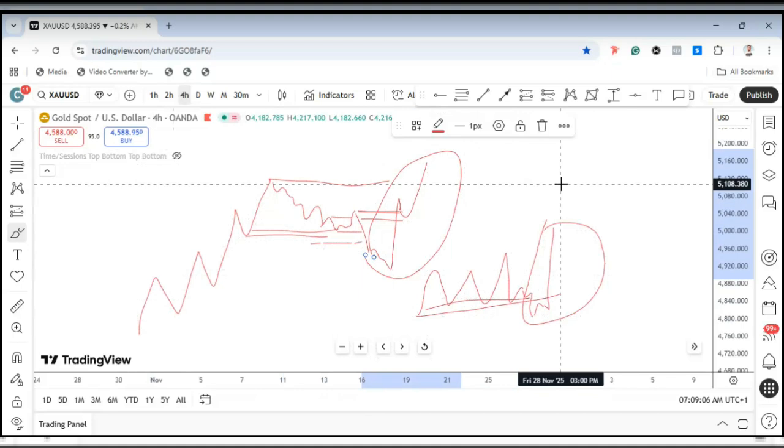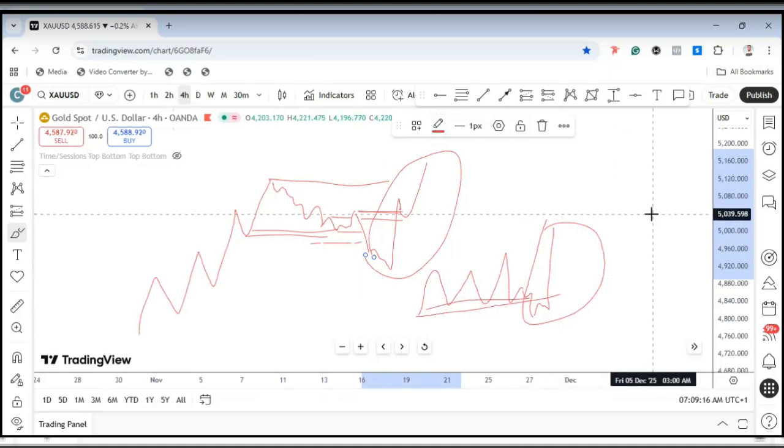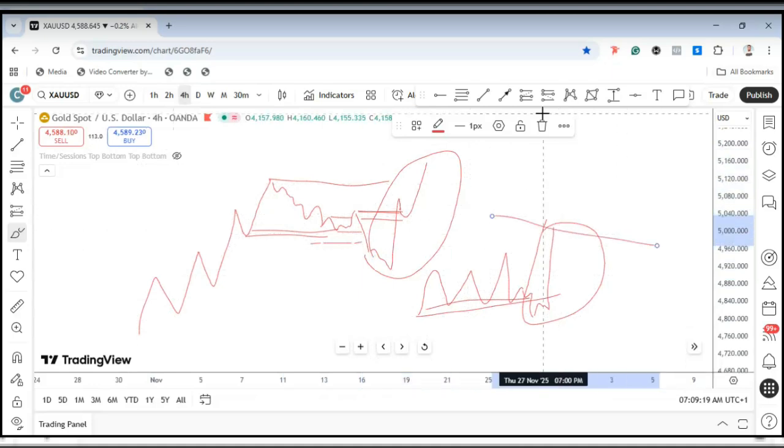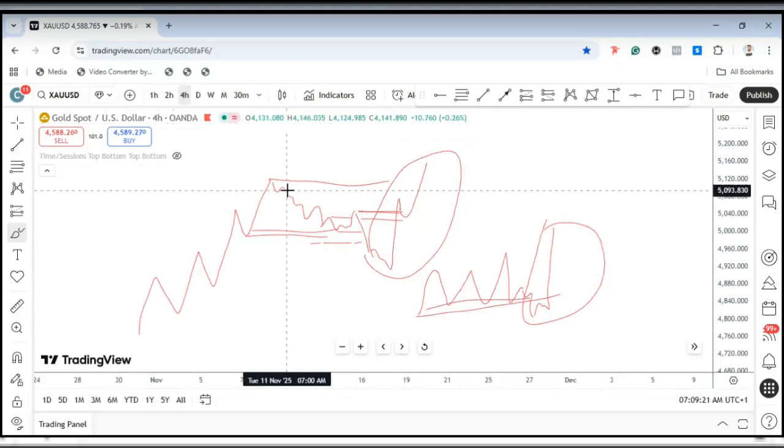And overall you increase your win rates, because when your losses reduce, your win rates increase by far, right? So I'm going to give you an example of some of the trades that I took, right?